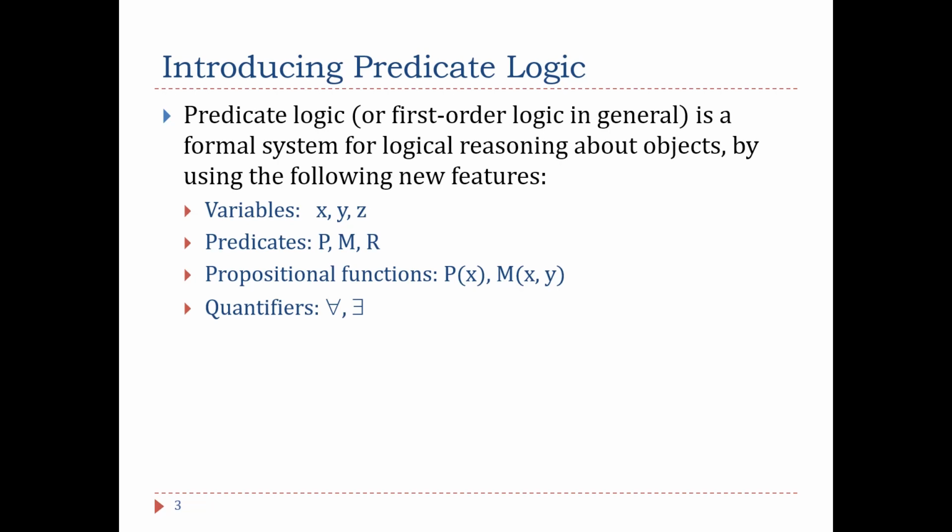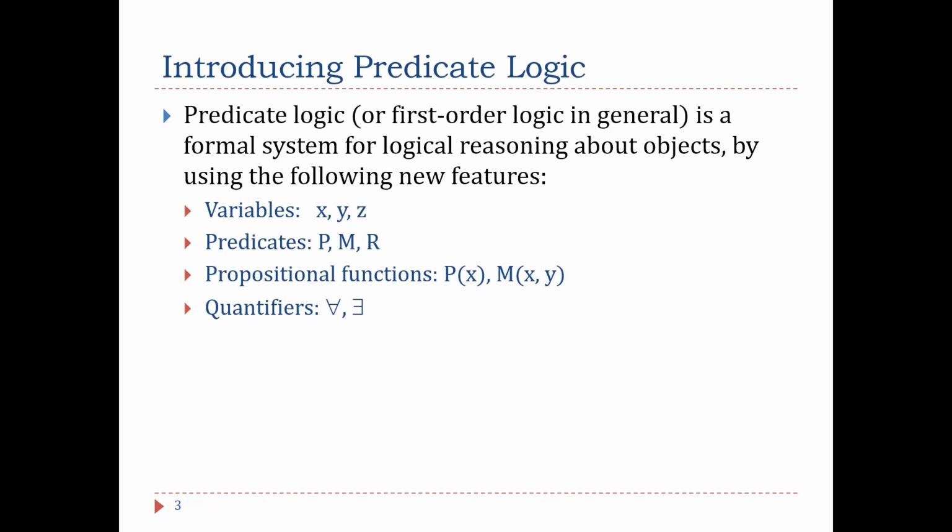With predicate logic, we will be able to express real-life situations and properties in a much more elaborate way. We won't limit ourselves to symbols denoting large concepts. We're not going to use only one symbol P or Q to denote a whole sentence with a subject, a verb, and a complement.